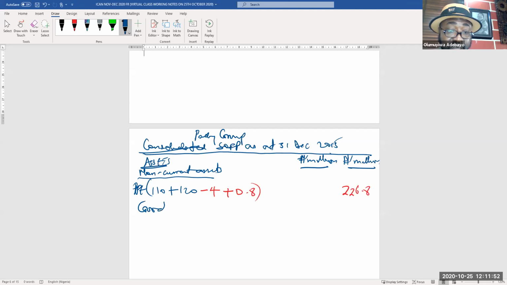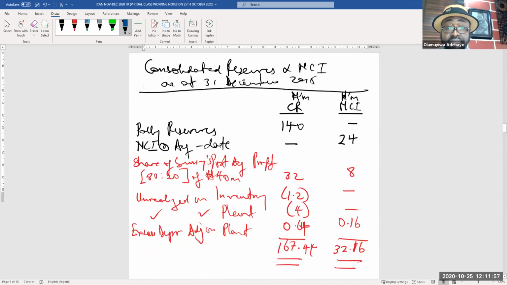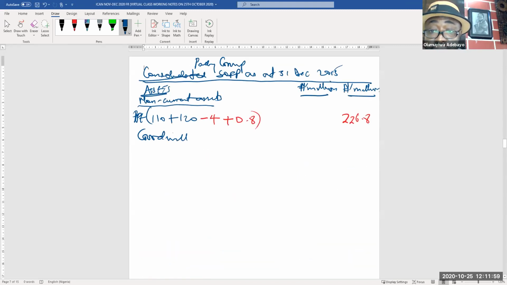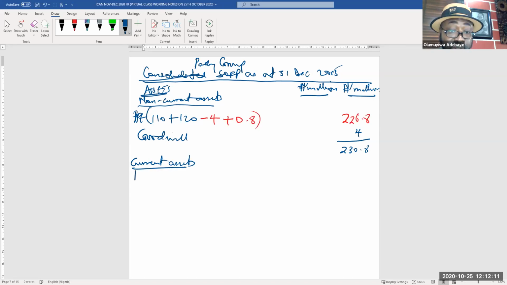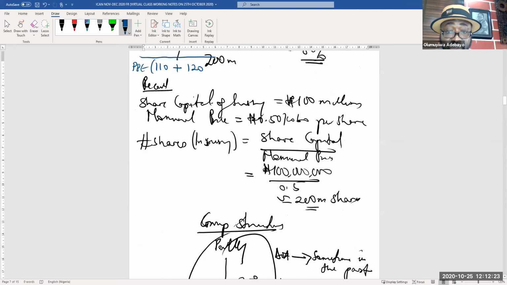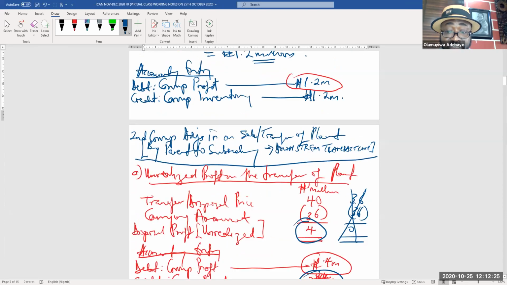My investment cancels out, leaving out goodwill. What is my goodwill? 4. All things being equal, I have 230.8. Now, next is current assets. We have inventories, and there I have 40 and 45. But I'm aware there's an adjustment that affected my inventory. That was the first adjustment.